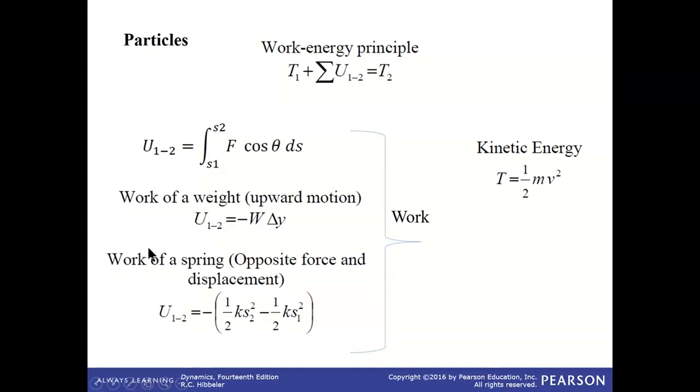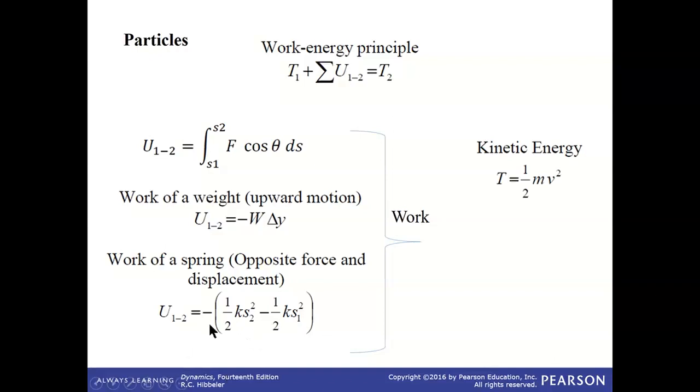Third, if the rigid body or particles have spring elements connected to them, then the work done by a spring, which has force opposite to displacement, can be given by this equation. Remember there is a negative sign here, and it's 1/2 k s2 squared minus 1/2 k s1 squared, where k is the spring constant or stiffness of the spring, and s2 and s1 are the final and initial displacement of the particle attached to the spring.